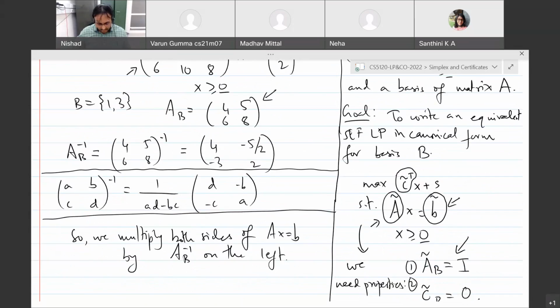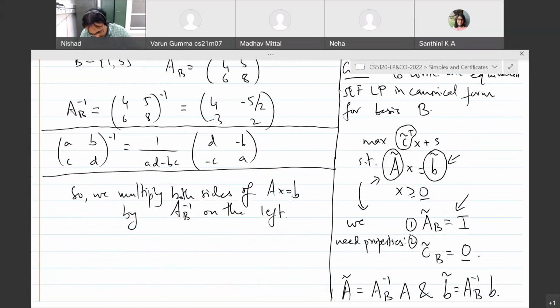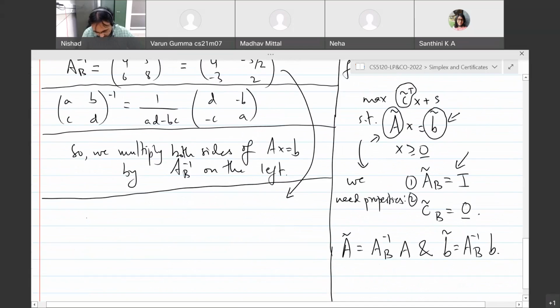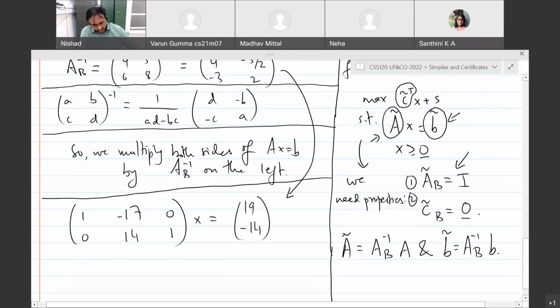So if you do that, in this example, you would get 1, 0, minus 17, 14, and 0, 1, x equal to 19 and minus 14. So this is our A tilde and this is our b tilde.